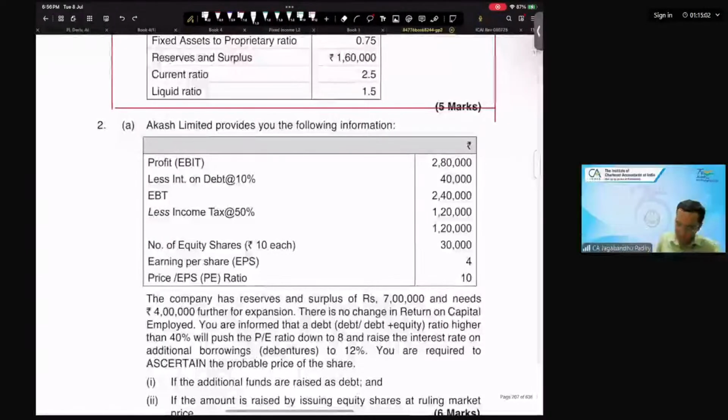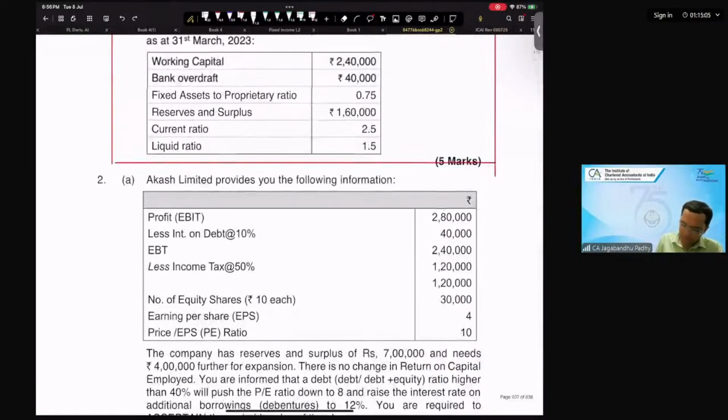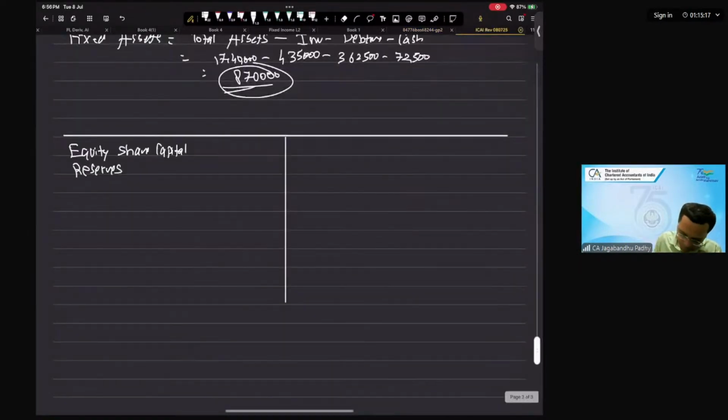Equity share capital, reserves, and then we have working capital, bank overdraft. Since we have the current ratio, we also have the other current liabilities, or maybe creditors also you can say. We have bank OD and other current liabilities.